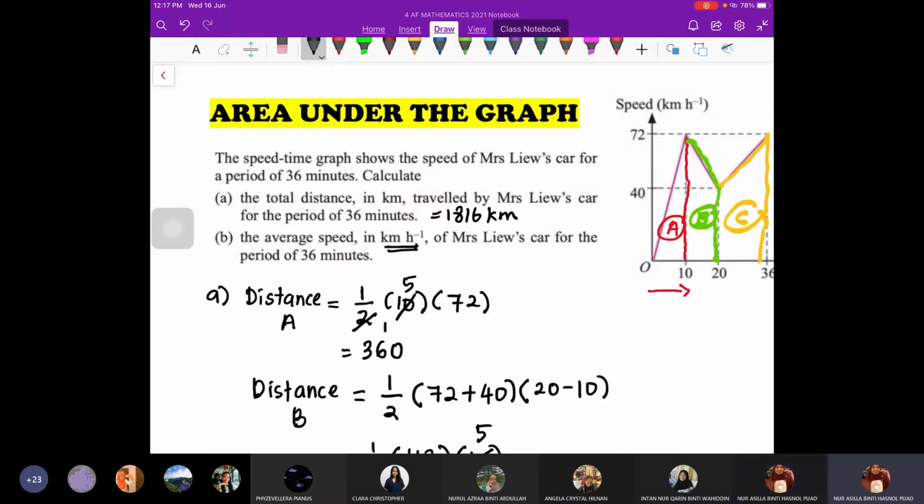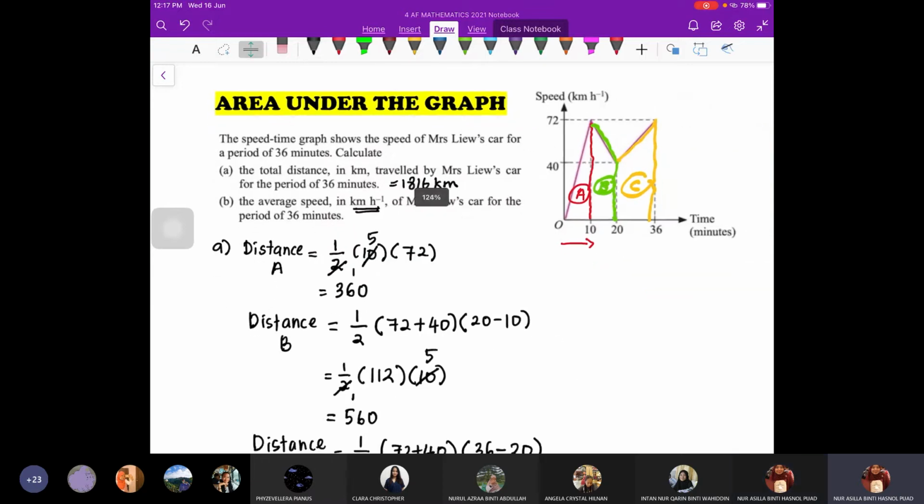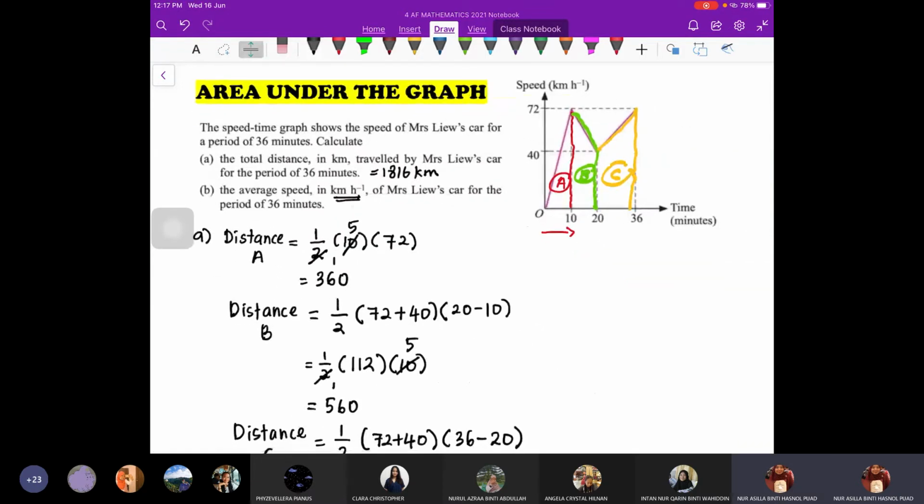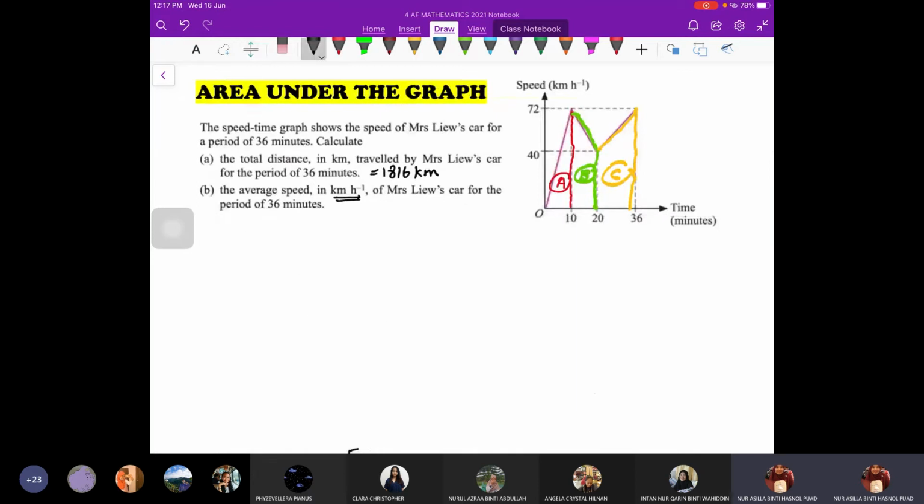Okay. So kalau kamu tengok average speed, dia boleh minta juga bila melibatkan speed time graph. Okay. Now, saya tahu average speed is total distance over time. Tapi kat sini dia speed kan. Jangan confuse. Dia minta average speed, kamu pergi ambil yang paling maksimum divide dengan 36. Jangan mengada-ngada.